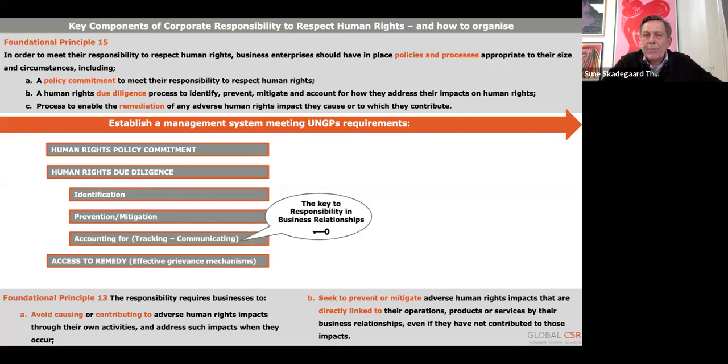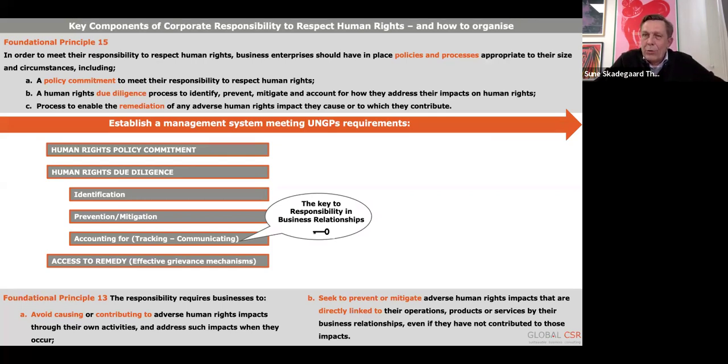The whole key to the management system lies in the due diligence part, where all companies should do their due diligence, and as part of being accountable for it, they need to track the effectiveness of the actions they have in place to prevent and mitigate adverse impacts through indicators.